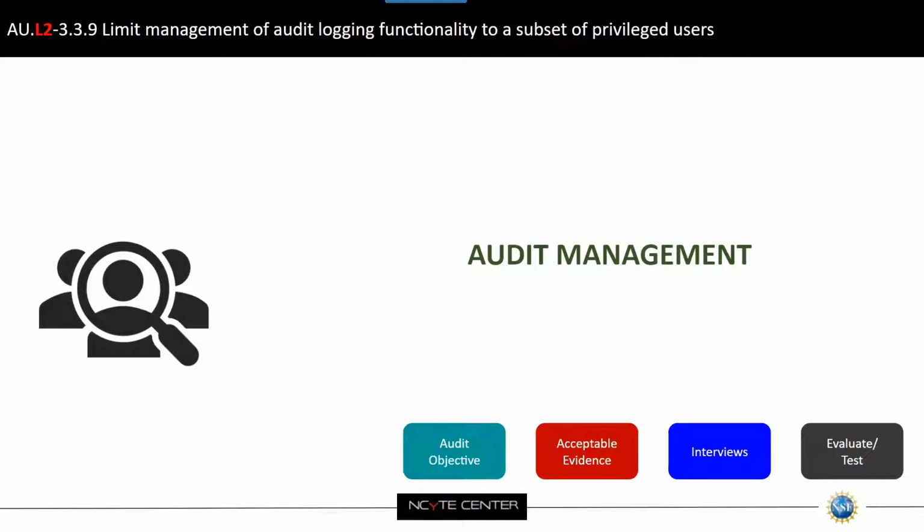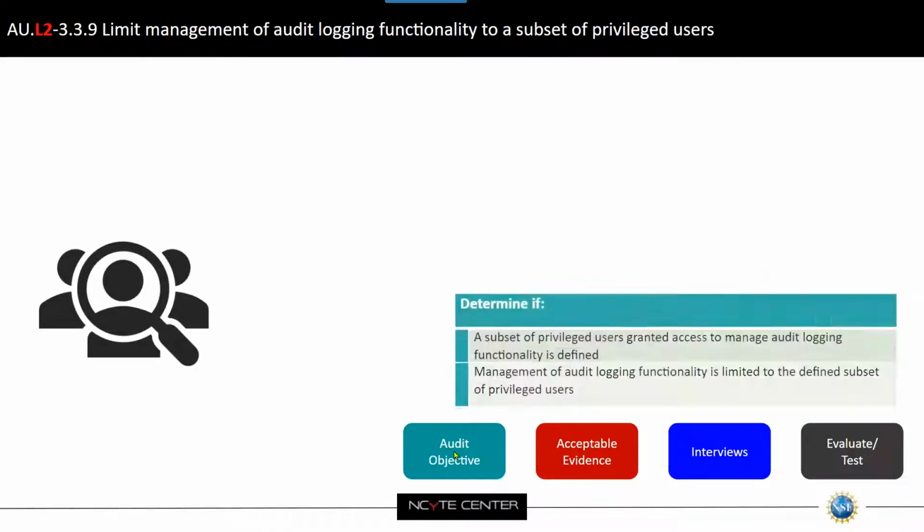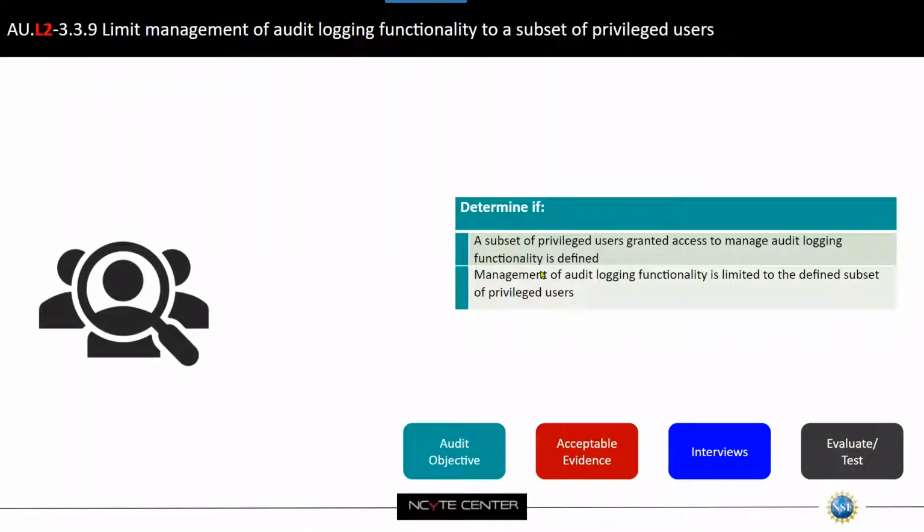All right, so I'm just saying that this is extended a little further than this. Right, your objective: make sure that a subset of privileged users are granted access to manage audit logging functionality is defined. We want to know exactly who has access to this. This should be a small list, or at least a group that makes sense.